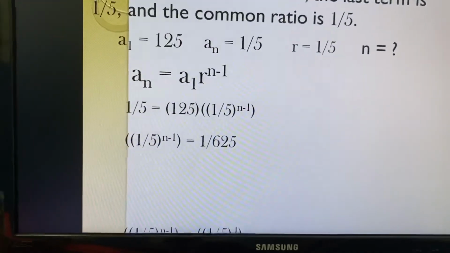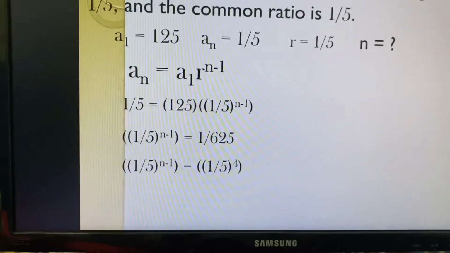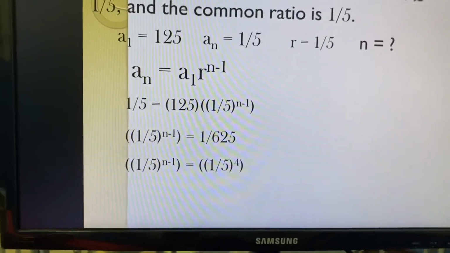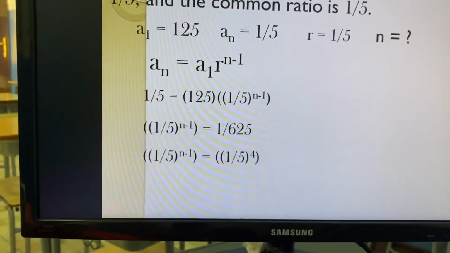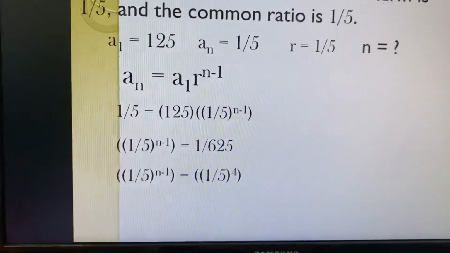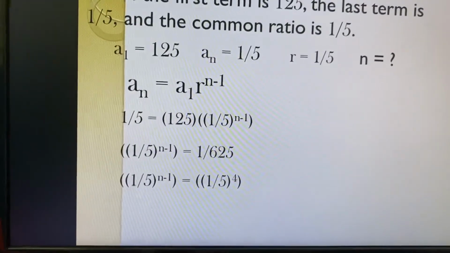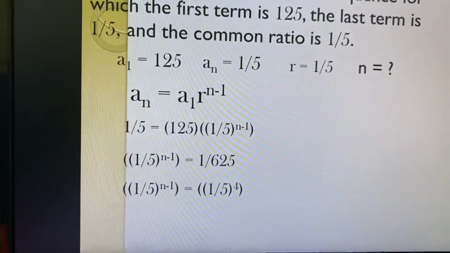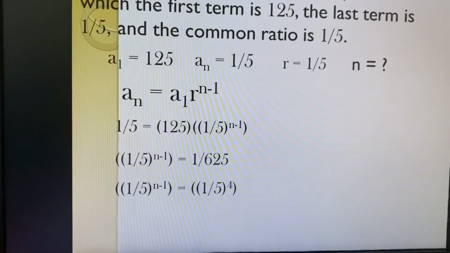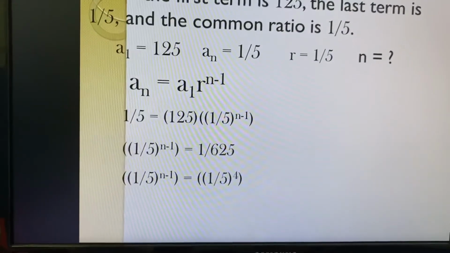Next, 1 over 5 raised to n minus 1 is equal to 1 over 5 raised to the 4th power. So we change the fraction 1 over 625 into exponential form. It will become 1 over 5 raised to 4, but they have the same value. 1 over 625 is equivalent to quantity 1 over 5 raised to the 4th power.